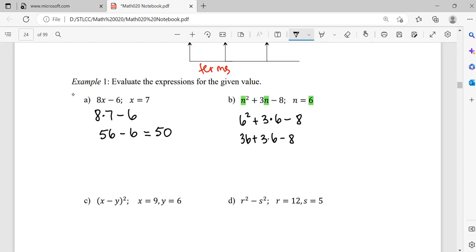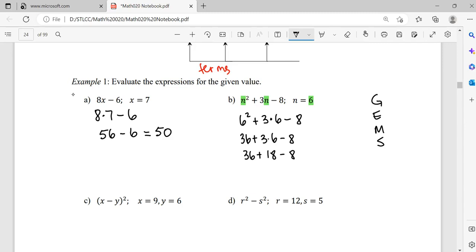My next step would be multiplication. Just remember, you have grouping symbols, exponents, multiplication or division, and subtraction or addition. If you need to have your GEMS handy, write it on a piece of paper and have it next to you. So 3 times 6 is 18, so I have 36 plus 18 minus 8.